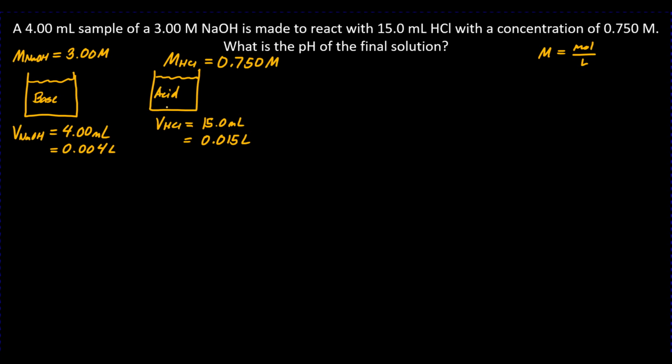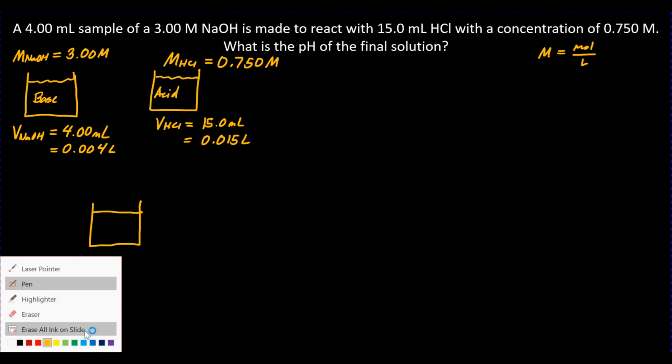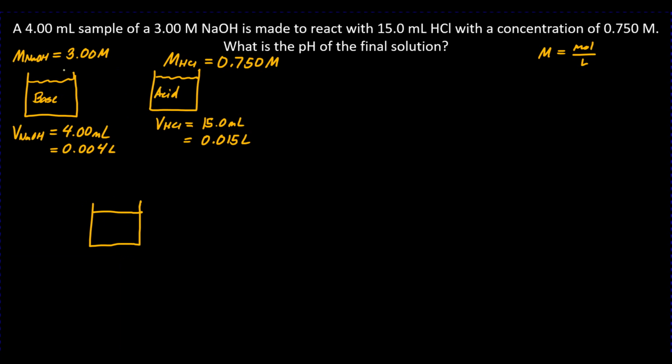These two will be mixed in order for the acid-base reaction to occur. So let's say they're going to be placed in this container. We let the acid-base reaction occur, and as a result, maybe a small amount of the base or a small amount of acid remains, and that will affect the pH of the final mixture.